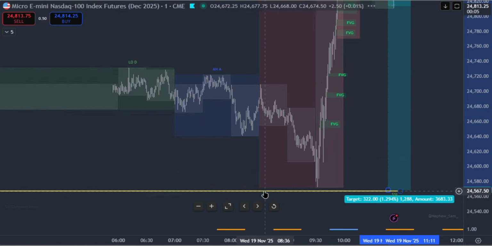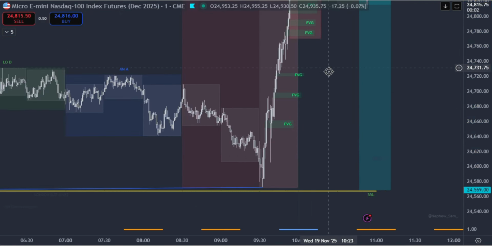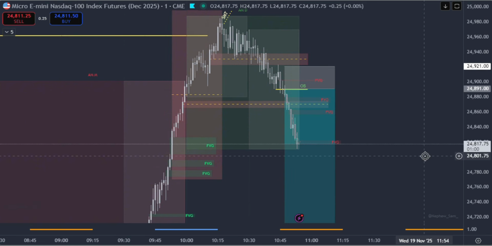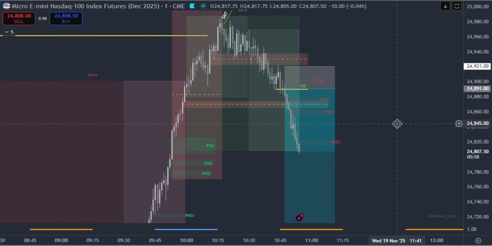Target these equal lows. So remember, there are different ways that I look at these market maker models. I look at internal range liquidity with external range liquidity, and then I look at whatever PXH and PXL.